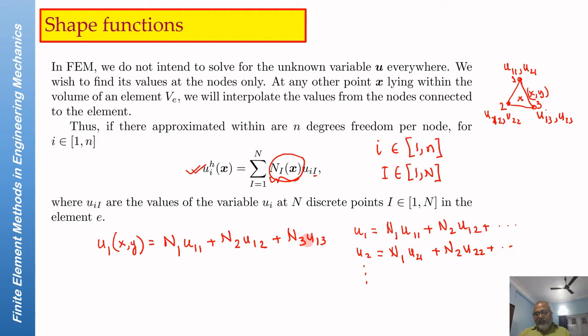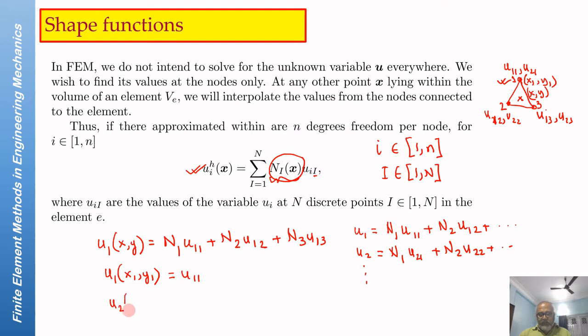Supposing that there are only three nodes in the element, we are looking at this kind of element and there are just three nodes. In that case, if I put the coordinates of, let's say, node 1, so if I write u1 at x1 y1, where x1 y1 is the coordinate of this point, then I must get u11 because that is the value of u at the nodal coordinate x1 y1.